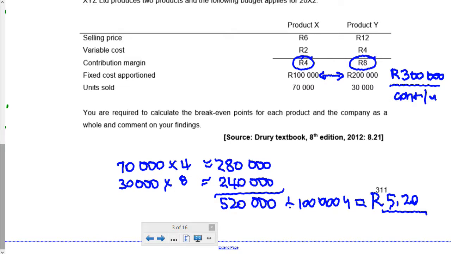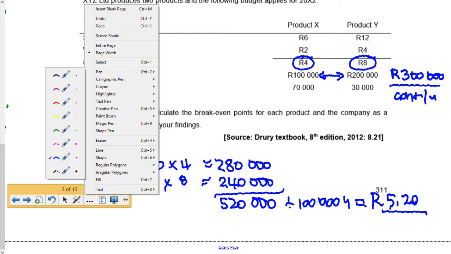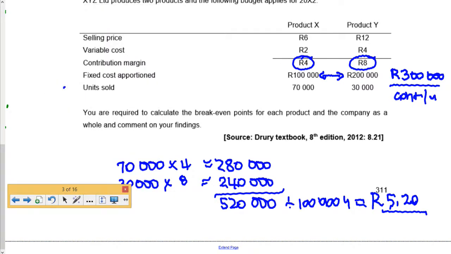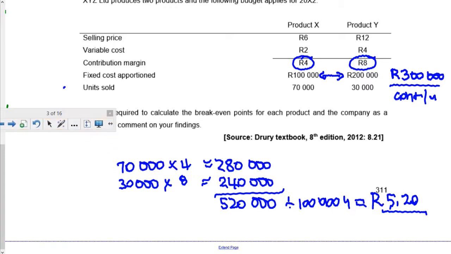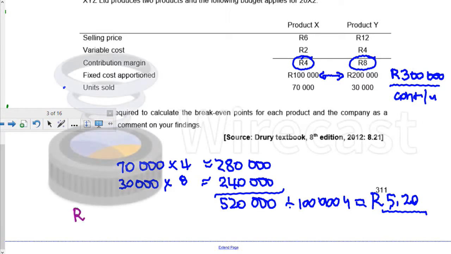You can also do it by just using weightings. So what you can do is you can say there are 100,000 units altogether. My product A, which is 4 Rand, weights 70 over 100.